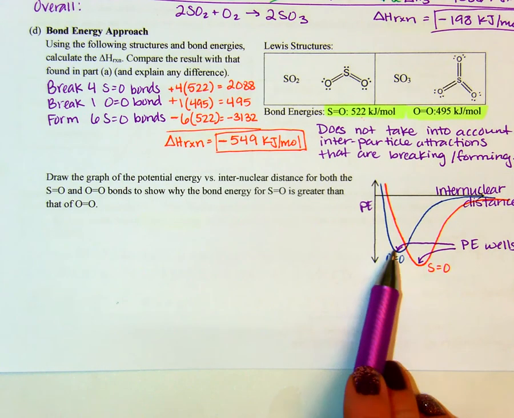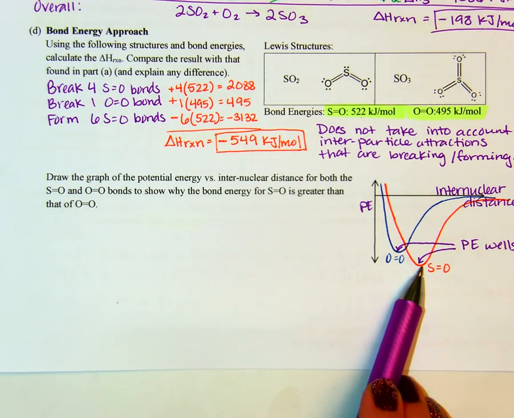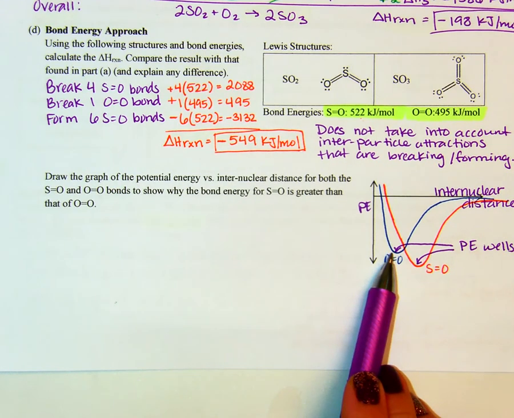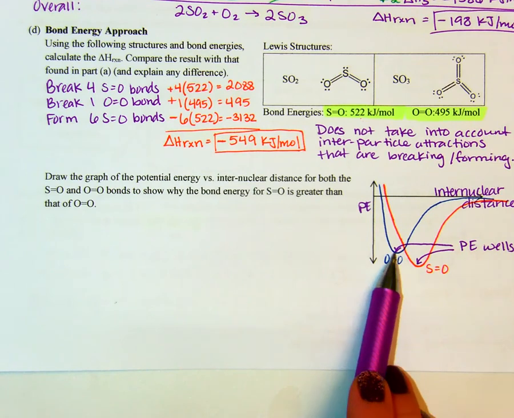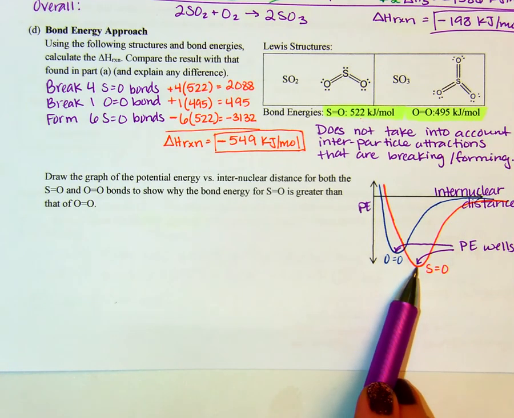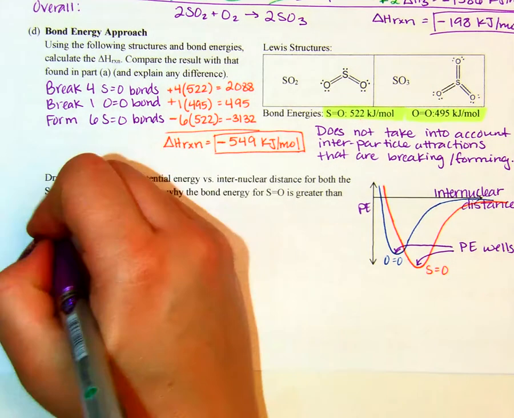And so that ideal separation maximizes the attractive forces and minimizes the repulsion between the atoms. Therefore, that is the most stable point, and that is the distance that the bond is going to be formed at. Because when the potential energy is lowest, a bond is going to form. That's when it's the most stable. So we'll write that down first.